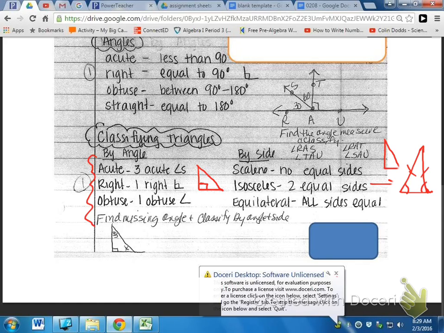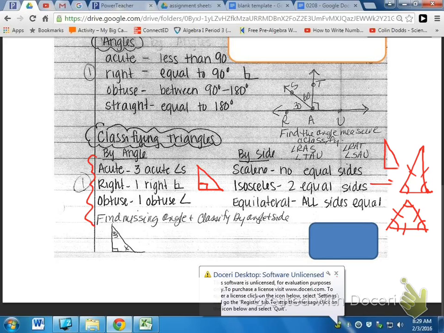Okay, an equilateral has all equal sides. And the thing that you need to know about an equilateral with all equal sides is that it also has all equal angles. If that's true, how many degrees have to be in each one of those angles? If all of the angles are equal, what degree measure would each of them have to be? Anybody have any idea?